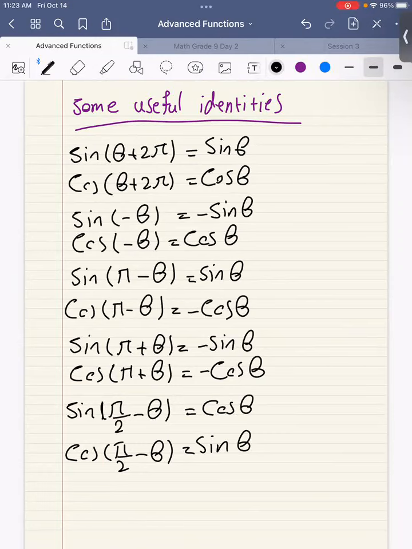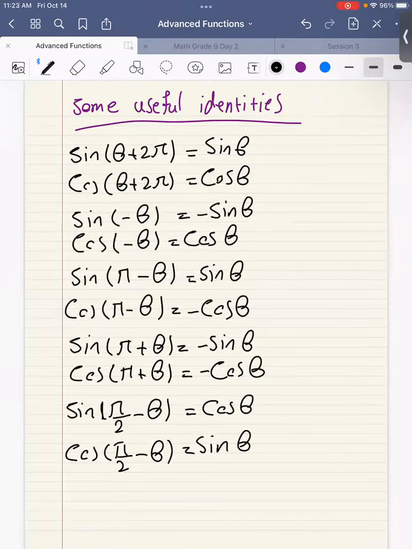I mean, these identities, you don't have to memorize. You can see them, you can visualize them. If you cannot, come and talk to me, okay? I will show you. You just need to look at the unit circle.